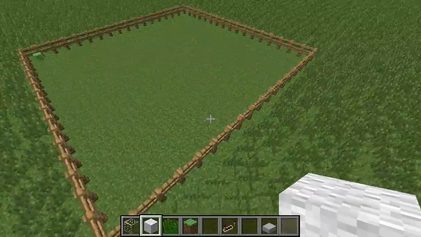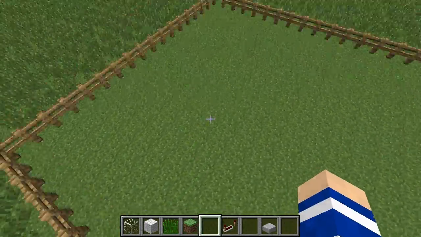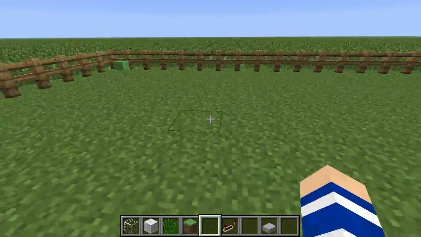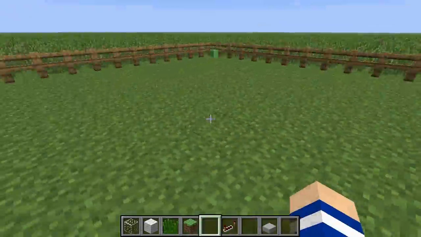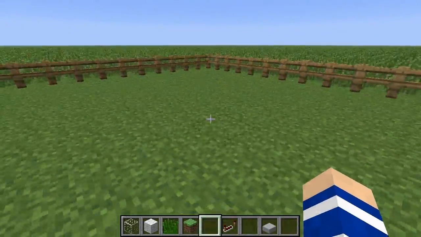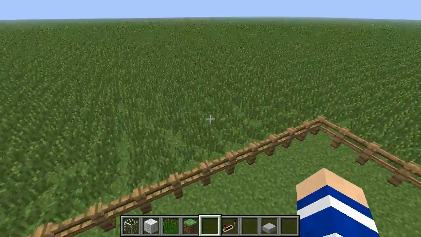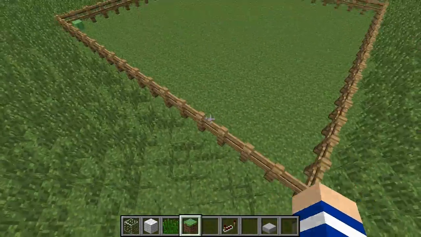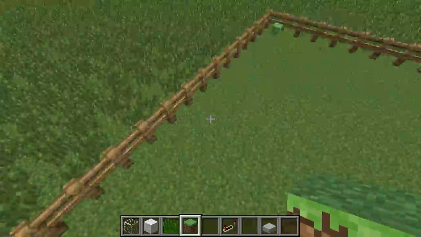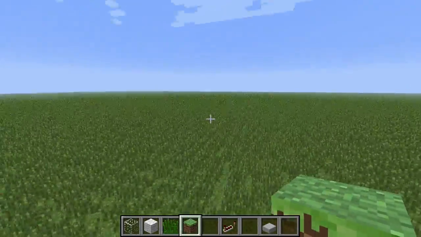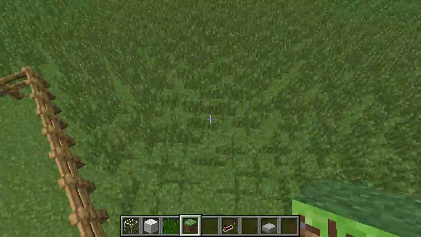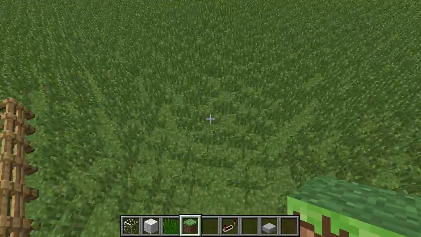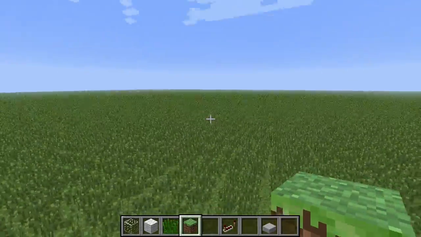Doc M was also a little bit worried that torches would prevent or reduce the number of spawns on his spawning pad. He's currently creating a slime farm, and he's of course right. As you can see, torches, tall grass, and similar blocks do prevent mob spawning.